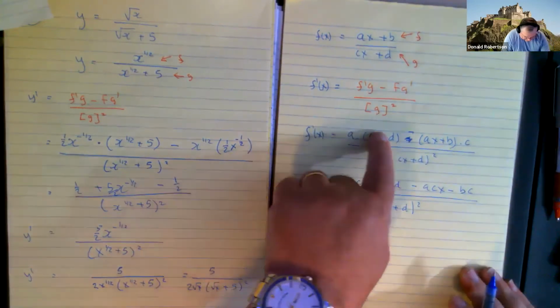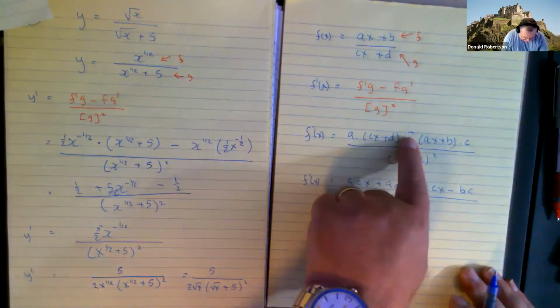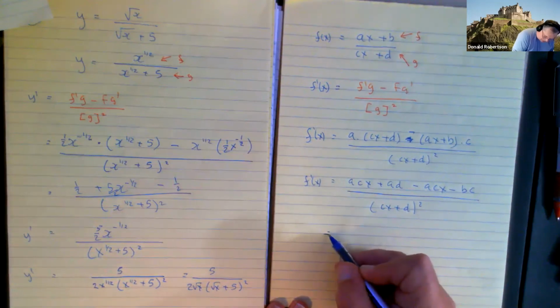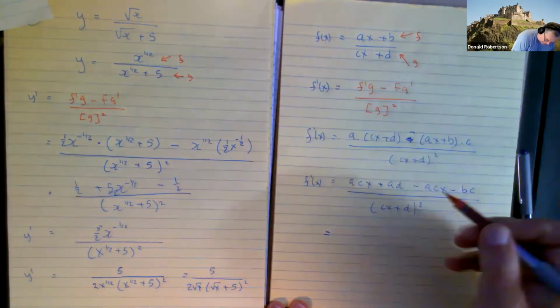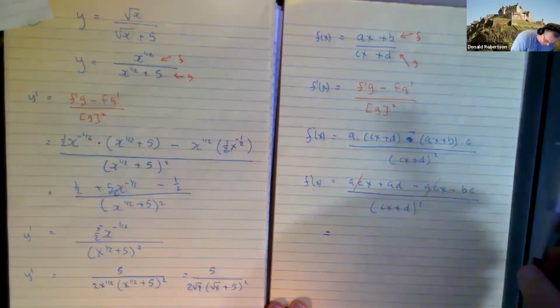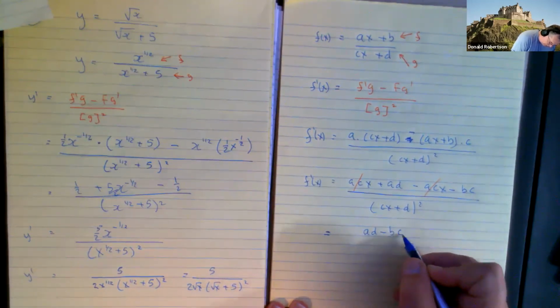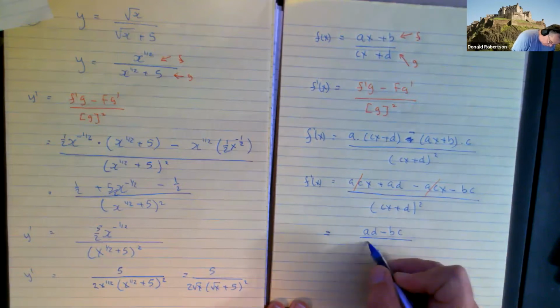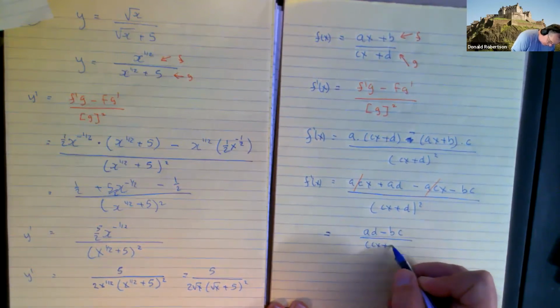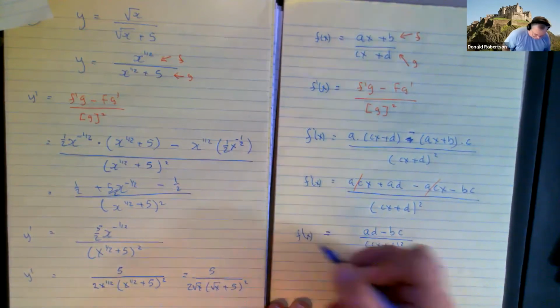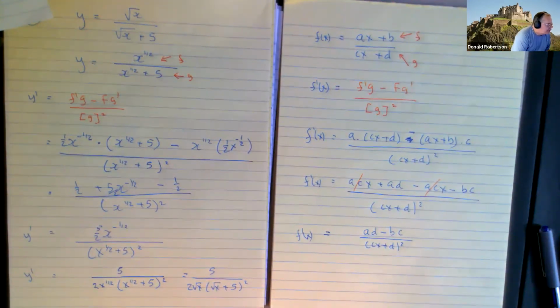So I went a times those two guys and take away c times those two guys. And quite nice, they kill each other off. And you are left with ad take away bc all over cx plus d squared. Quite a nice answer. It could have been a lot uglier.